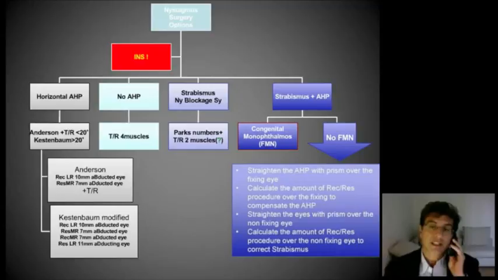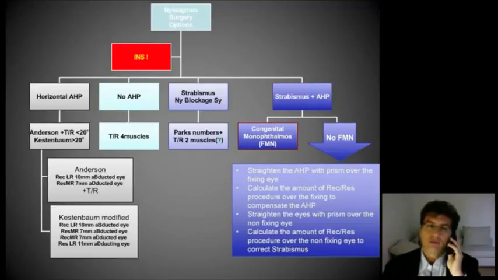So I use the prism over the fixing eye, and then I calculate the millimeters. Then, according to this, I do resection with the Parks numbers. After this, I straighten the eyes with the prism over the non-fixing eye, and then using the Parks numbers, I correct with resection. And I think, Richard, that this is your approach.